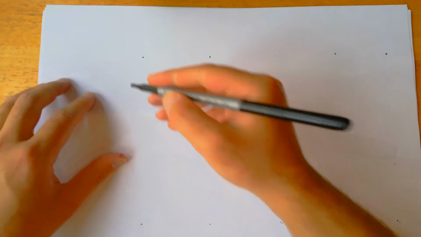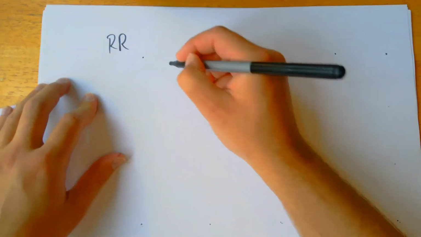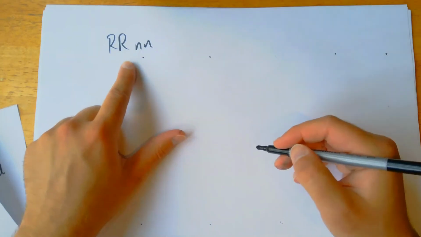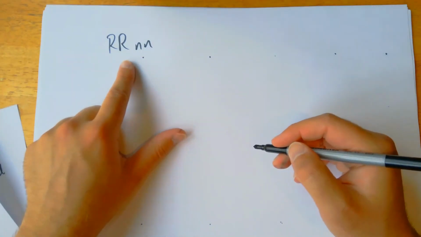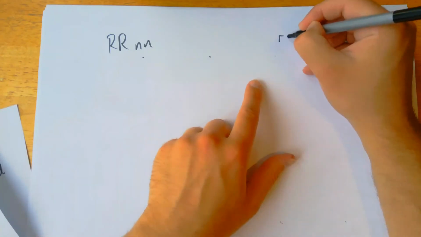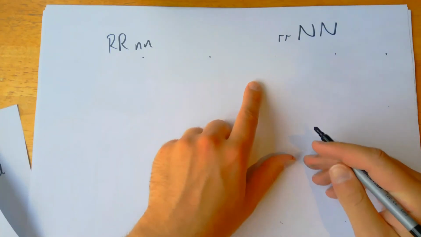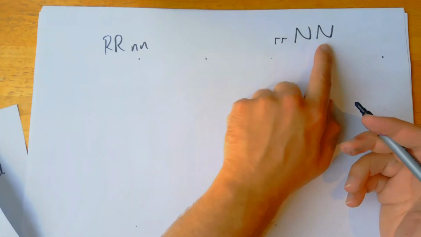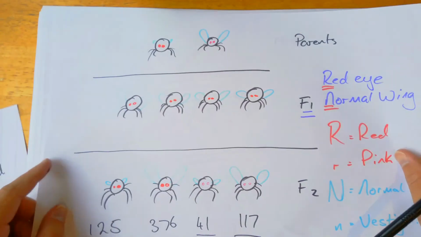So if we've got red eye, vestigial, that's our pure breeding parent, and pink eye with normal. So we've got the red eye, vestigial wings, pink eye, normal wings. These are our parent flies, okay?